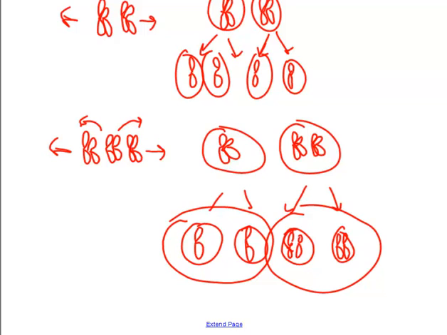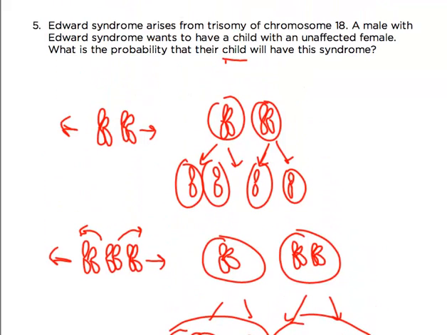And if we go back up and look at what the question was asking, the probability that their child will have the syndrome is 1/2. Because 2 of the 4 gametes that are produced will be, quote, normal, and 2 of them will be aberrant in that they already have 2 copies. So 50% is the probability that their child will have the syndrome.